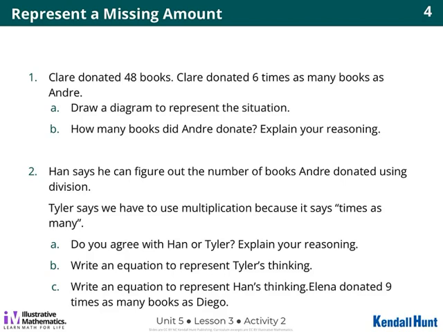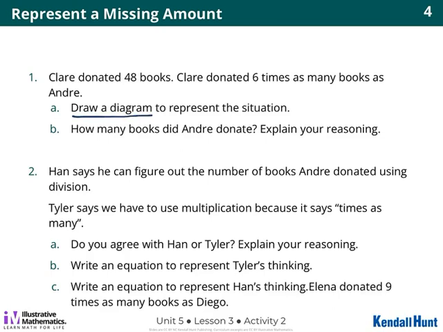All right, so page 14? Yep. Okay, let's look at 14. Let's not start it yet. Okay, hold your horses. Okay, Claire donated 48 books. Claire donated 6 times as many books as Andre.